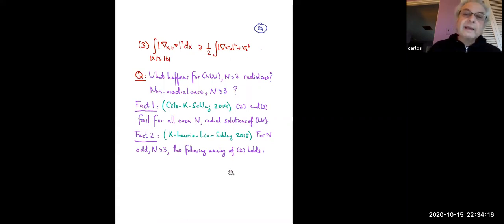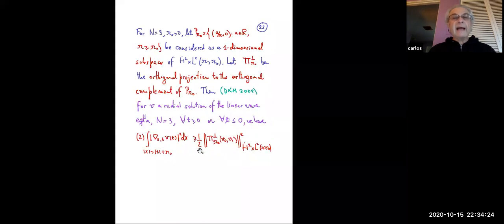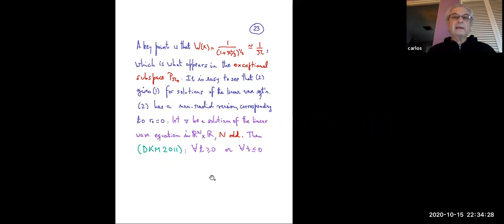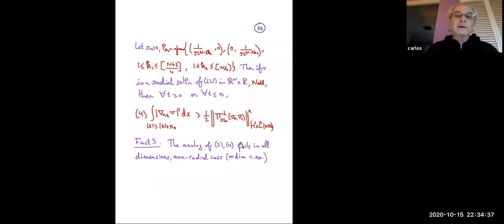The second thing is that for all odd dimensions, there's an analog of this inequality that we proved in work with Laurie, Liu, and Schlag. And this inequality looks the same, but the exceptional subspace is much larger.